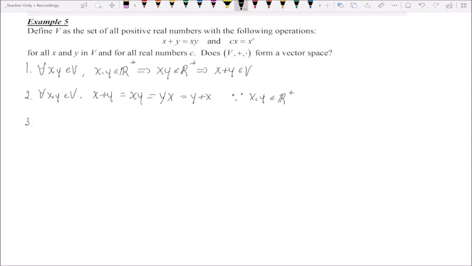Third, we had to prove associativity. So for all x, y, z in V, we're looking at x plus y plus z, and we want to regroup this.